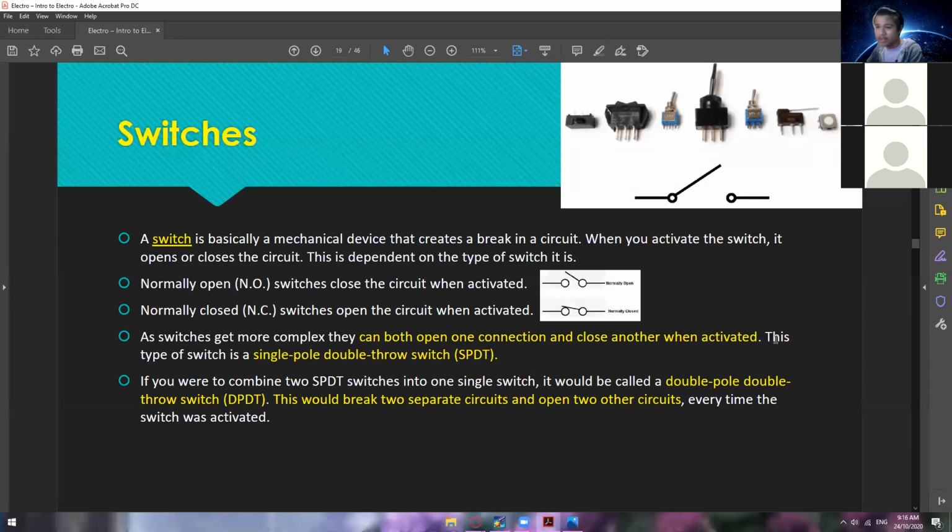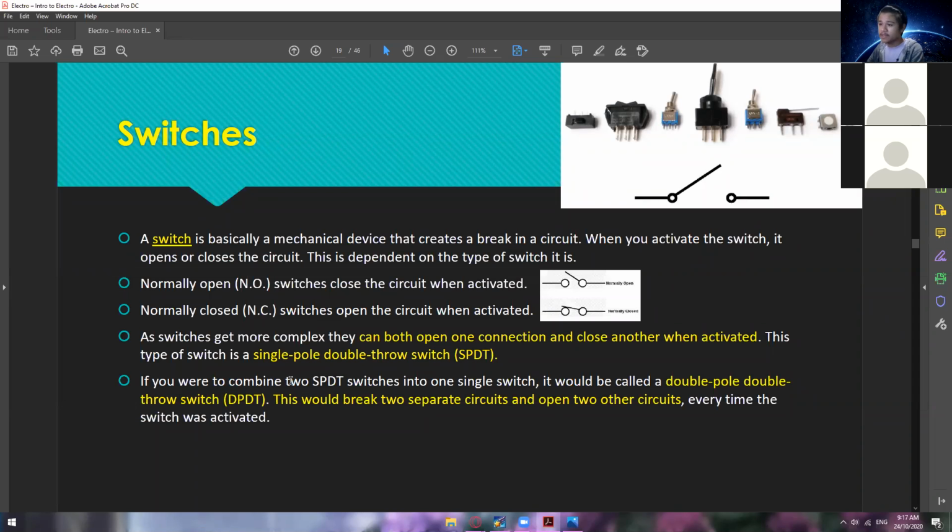We call that type of switch a single pole double throw switch, or SPDT. As I close the other path, it will open another path, or vice versa. As I open another path, it will close the other path.